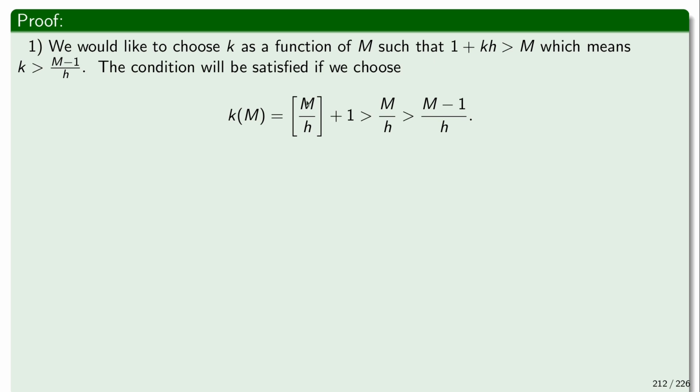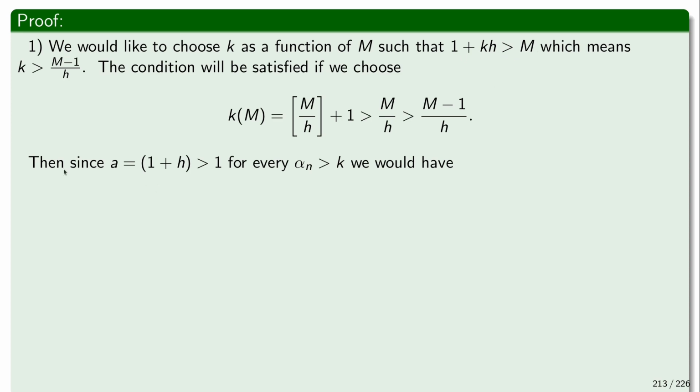If we choose the integer value of m over h plus 1, then this is going to be greater than m over h. And then m over h is greater than this because we just reduced the number, the numerator. So choosing k of m in the following way guarantees that 1 plus kh is going to be greater than m.